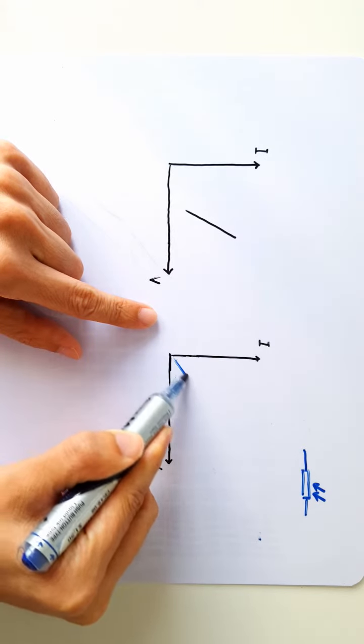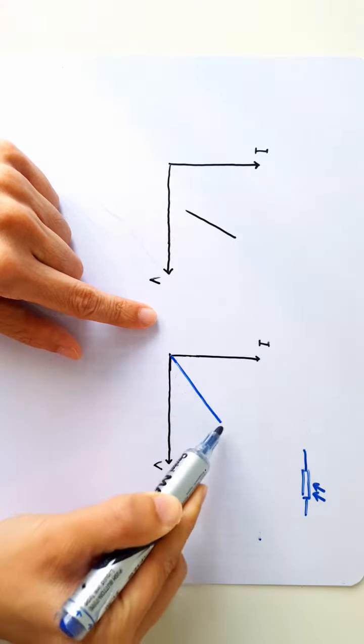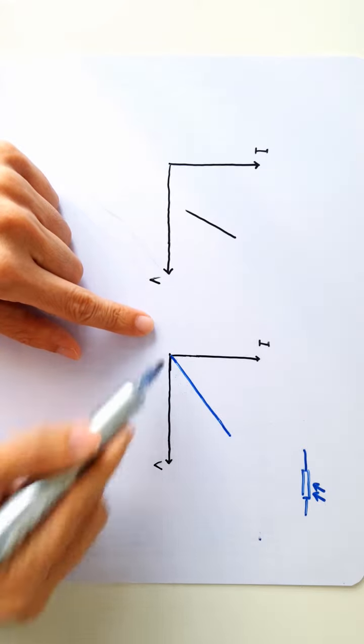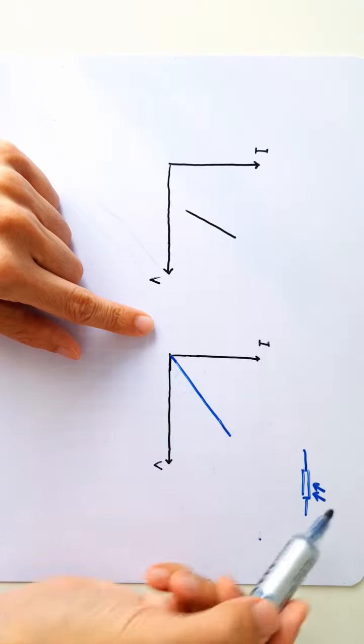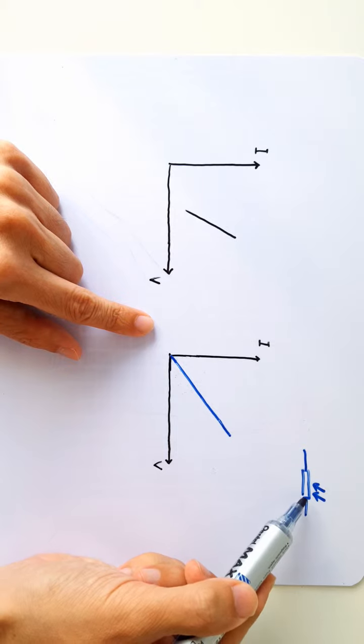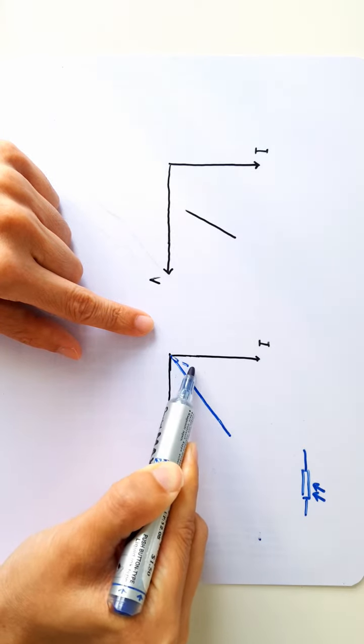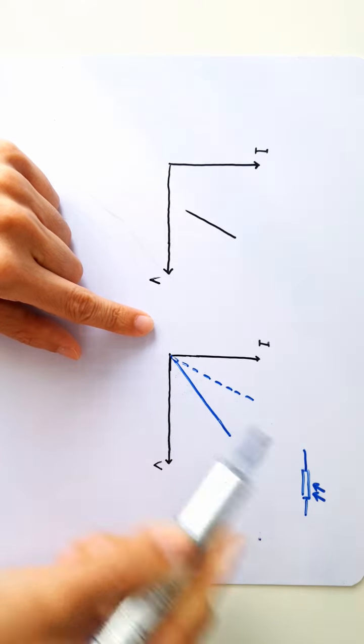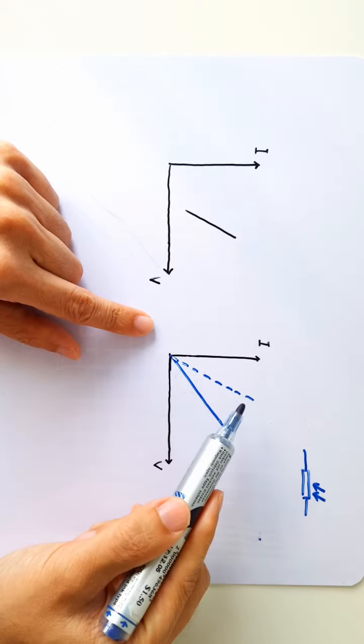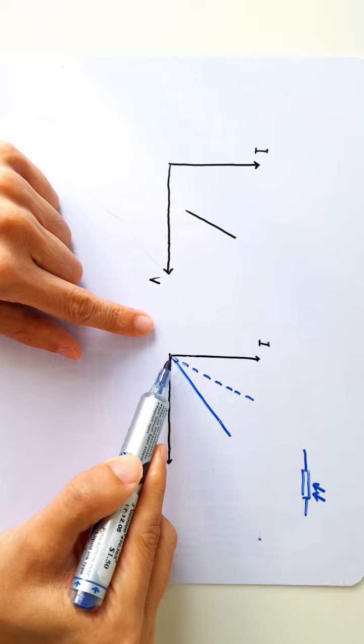So it's an ohmic device, and its IV characteristic graph should be a straight line passing through the origin. If you shine more light onto the LDR, then its resistance will drop to a new value, but it will still be a straight line graph that passes through the origin.